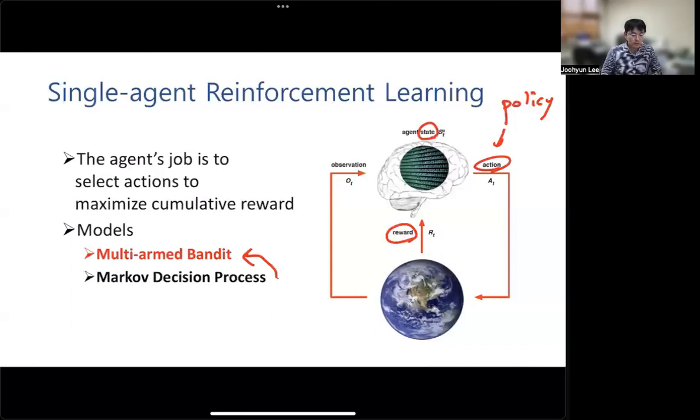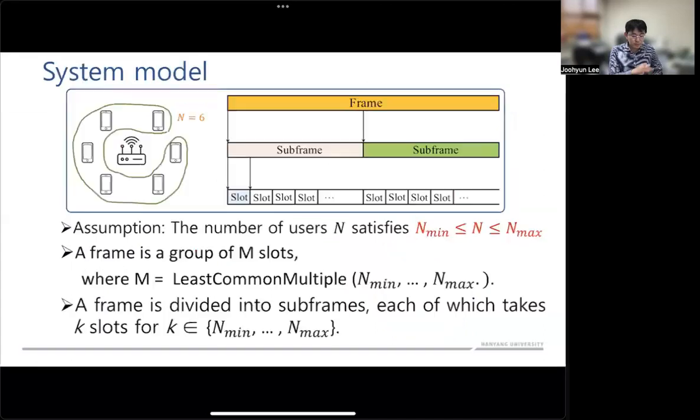You can view this multi-armed bandit problem as a special reinforcement learning problem where you have only one state. In other words, you don't need to care about state anymore in this multi-armed bandit model. Please see some literature on multi-armed bandits to understand this work more deeply.